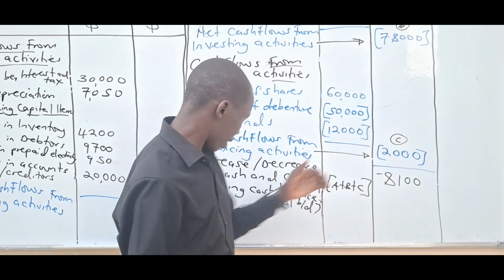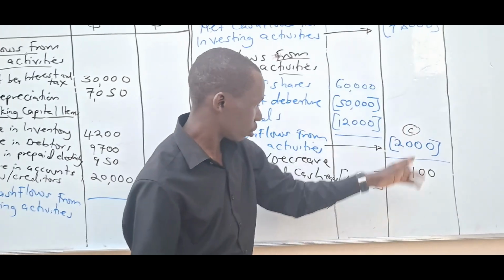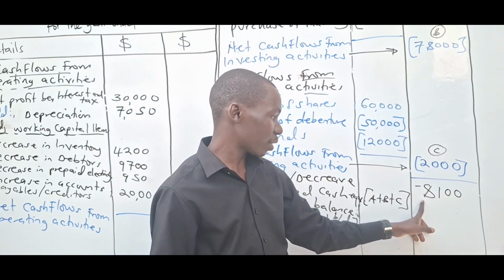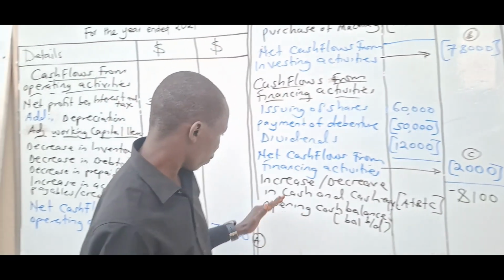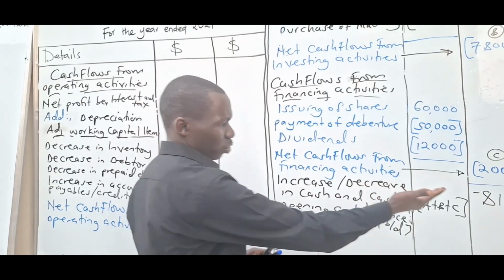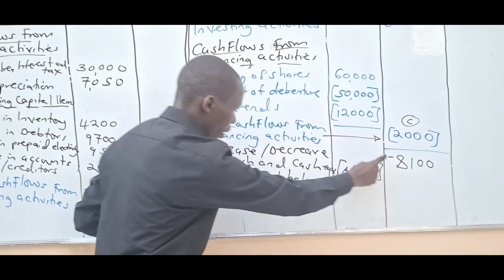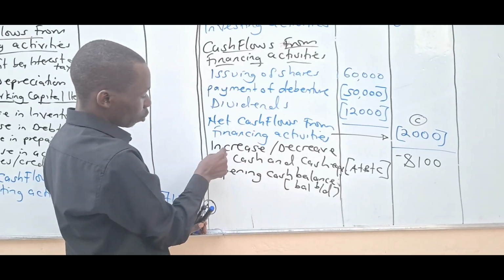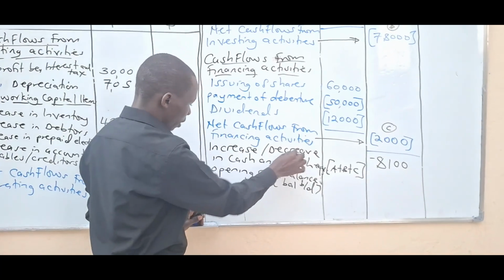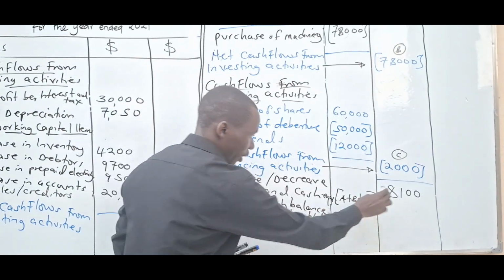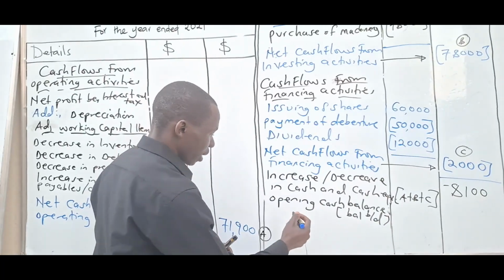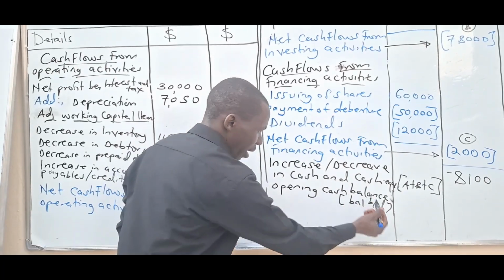You come up with negative 8,100. Is this an increase or decrease? Of course, it is a decrease because it is negative. Even if I don't bring the word increase, I start from decrease in cash and cash equivalent, which is 8,100.